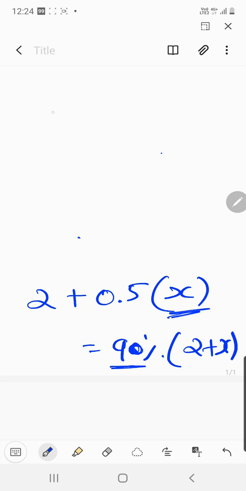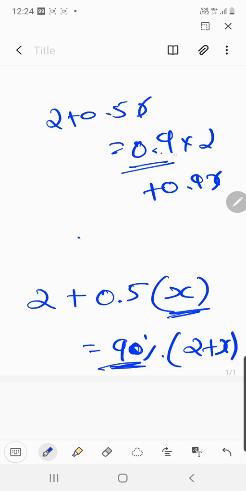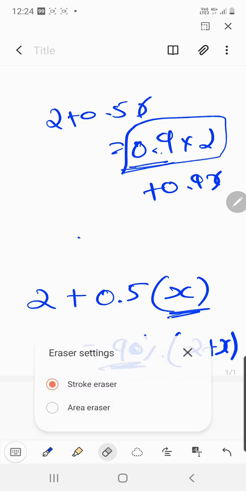So it will be 2 plus 0.5x is equal to 0.9 times... That's 90%. 90 divided by 100, cut, 9 divided by 10, 0.9. So 0.9 times 2 plus 0.9x, 0.9 times 2 is 9 times 2, 18, with 1 decimal place there, and we have 1.8. Let me get this erased.